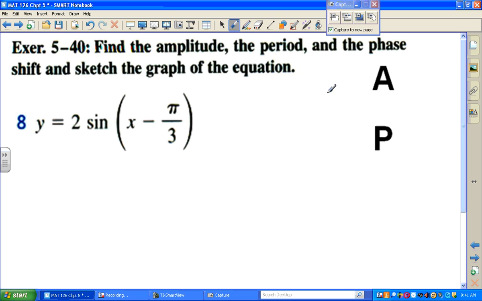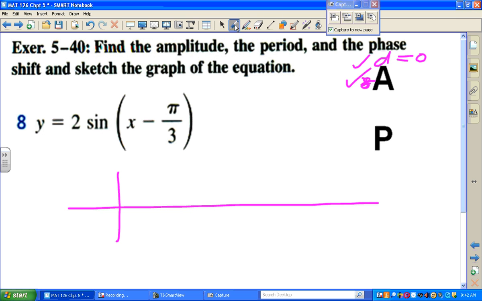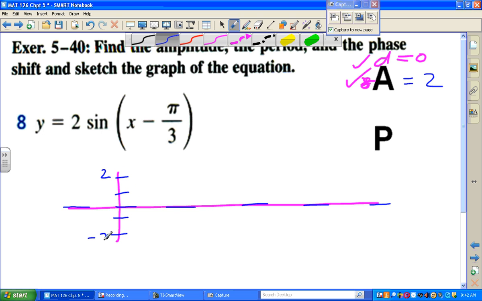First on my little checklist is, what's the amplitude? What's D? D is 0. So the middle of my graph is still going to be along the x-axis. So now what's the amplitude? 2. Fantastic. Don't forget those little numbers, -1, -2.